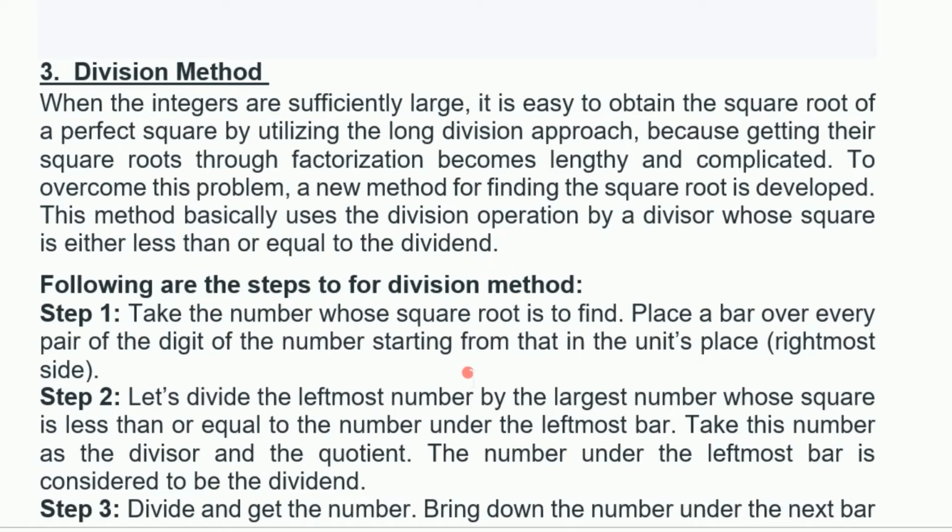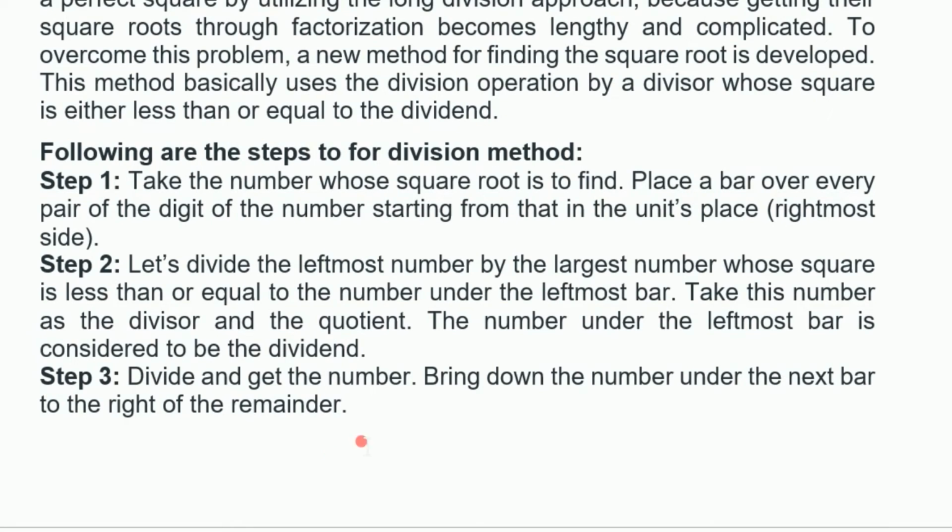In the division method, step 1: take the number whose square root is to be found. Place a bar over every pair of digits of the number, starting from the units place on the rightmost side. Divide the leftmost number by the largest number whose square is less than or equal to the number under the leftmost bar. Take this number as the divisor and the quotient. The number under the leftmost bar is the dividend.